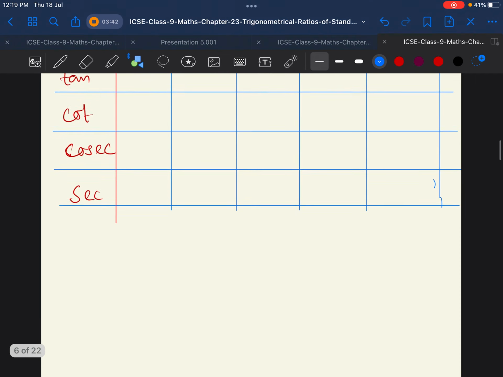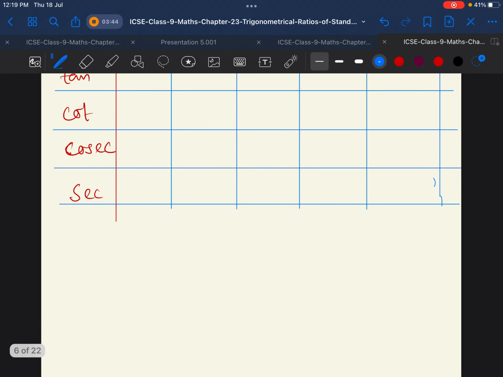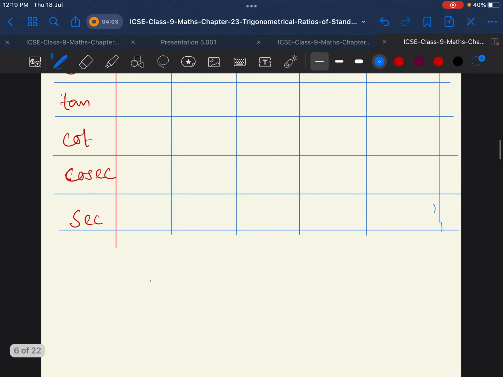Now you see, for the angle 0 degree we take 0 by 4. First we take 0, then for 30 degree it is 1, then 2, then 3 and then 4.